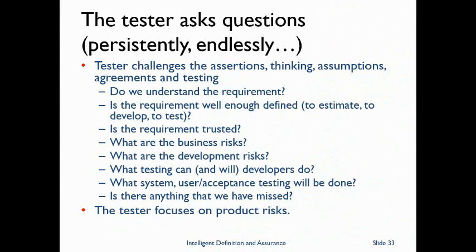What system and user acceptance testing will be done? So the tester might help to specify tests and might help to run tests, but by and large the tester is there to step back and focus on product risks and to look at what might be being missed, whether it's holes in the thinking, holes in the software, and aspects of quality that the software may not meet.